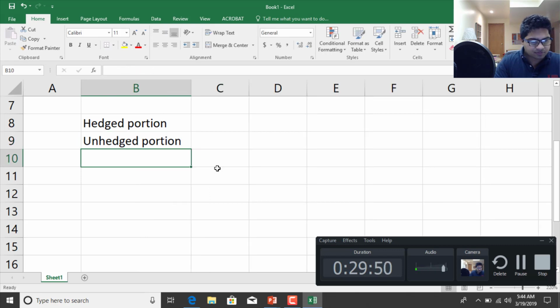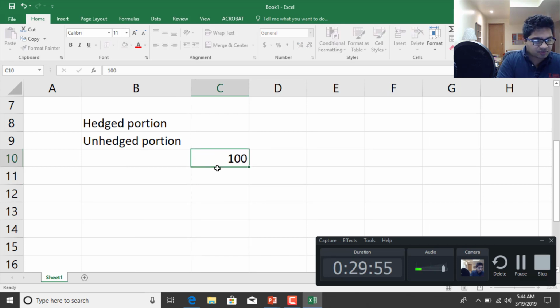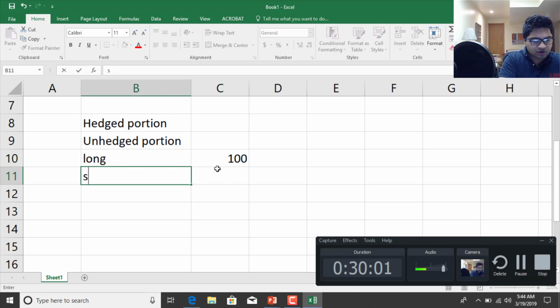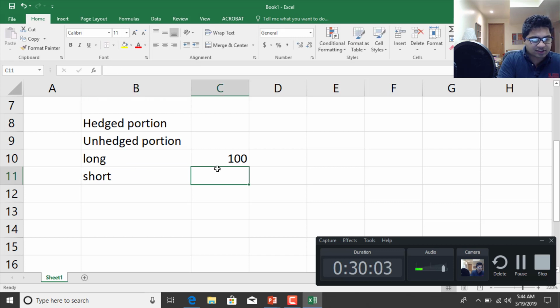For example, if this is your trade, you're going $100 long and you're going $60 short. So you're going more long than you're going short. So what will be the unhedged portion?